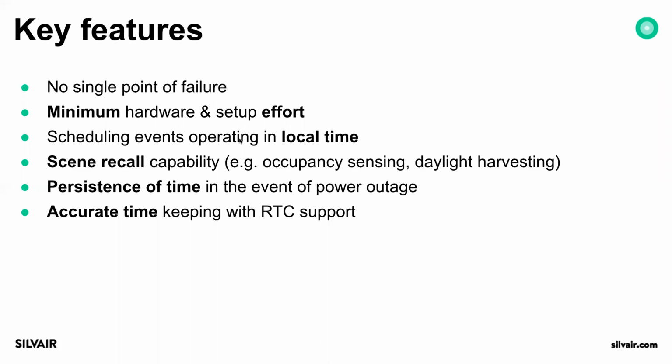This is also why the in-node scheduling is operating in local time. It's one of the lessons learned from the gateway scheduling, which currently operates in universal time. We also added the known and loved scene recall capabilities that are available also in gateway scheduling, which allow triggering light control behavior change.